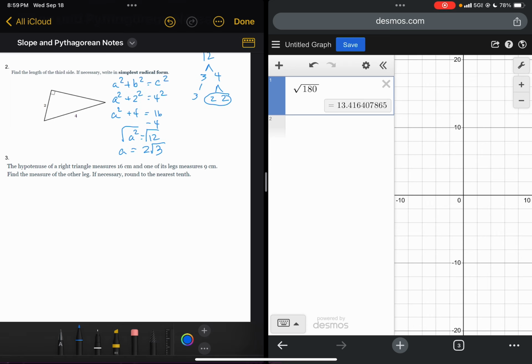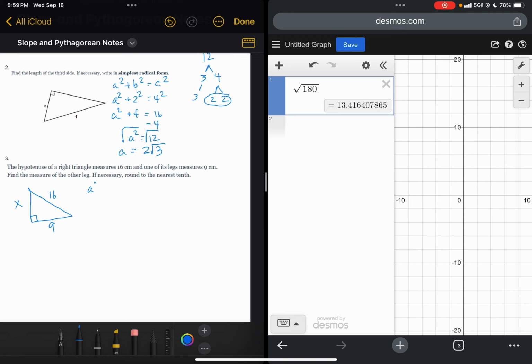All right, last one. Notice it didn't write it out. I have the hypotenuse of a right triangle, so I'm just going to draw my right triangle and label everything. Hypotenuse is going to be 16. I know it's there because it's across from my 90 degrees. It says that one of the legs is 9, and we want to find the other one. It doesn't matter which leg you label, as long as one of them is 9.